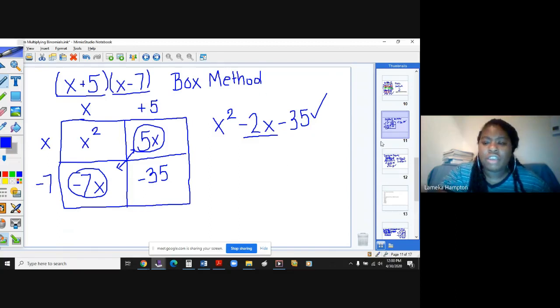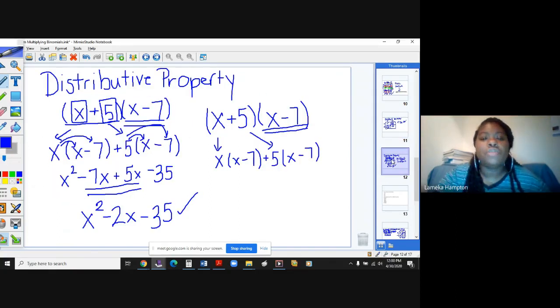And then my third way, which is using the distributive property, I just simply broke down the first binomial into a monomial. So I have x times x minus 7 plus 5 times x minus 7. And when I do all of that, this came out to be my final answer.